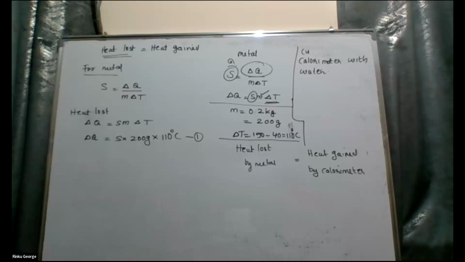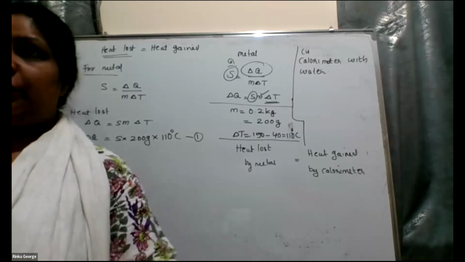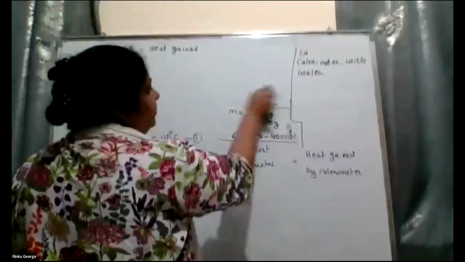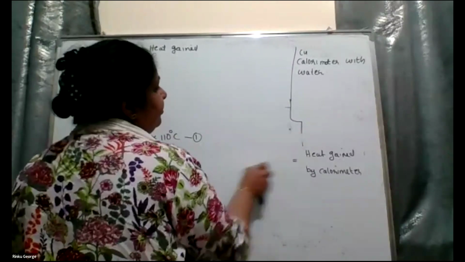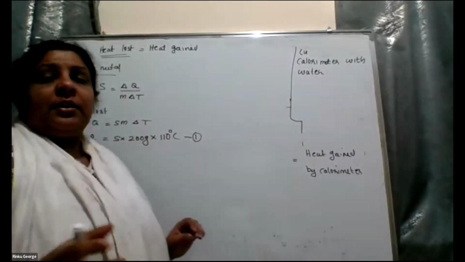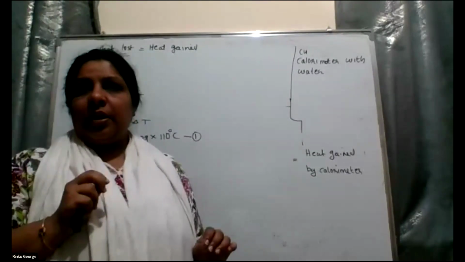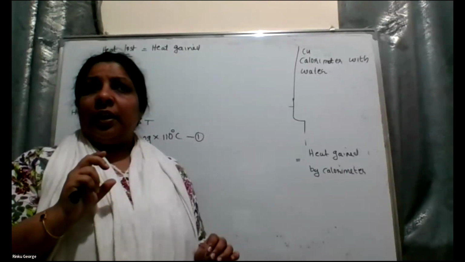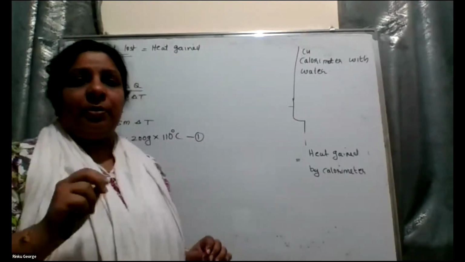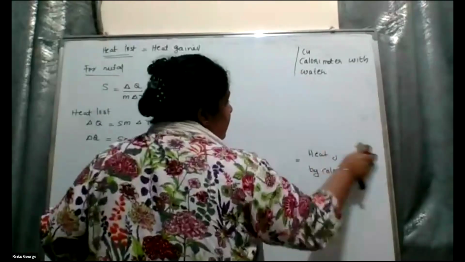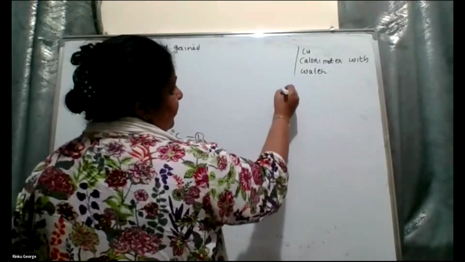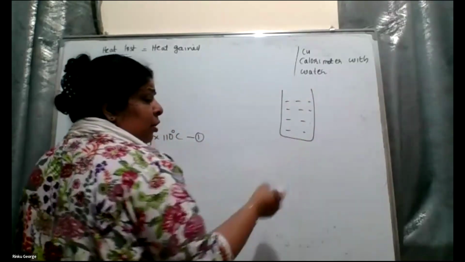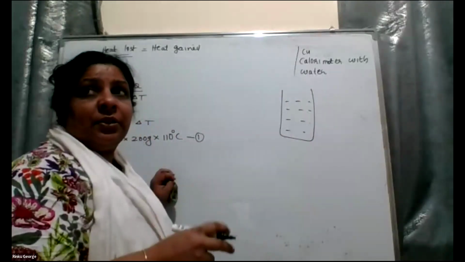Finished, right? Okay. Now about heat gain. Listen. So this is a copper calorimeter. Inside the copper calorimeter, water is there. When you put the specific heat formula, copper's specific heat is different, water's specific heat is different.